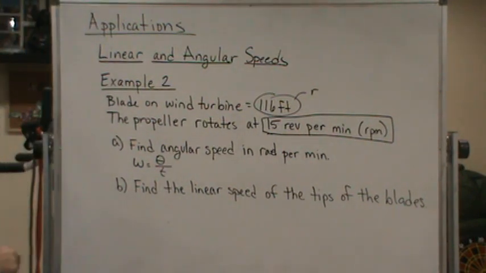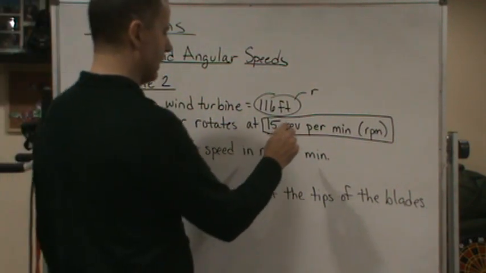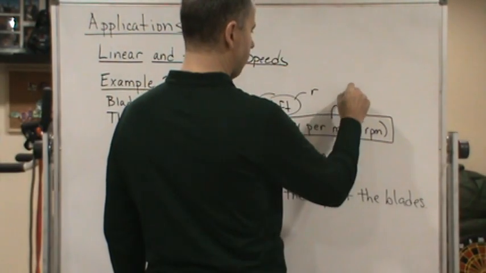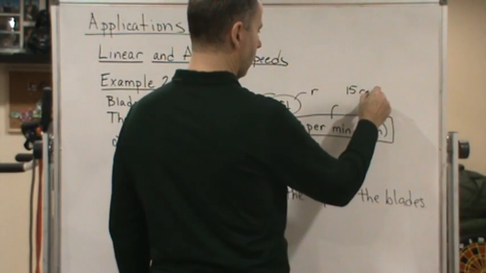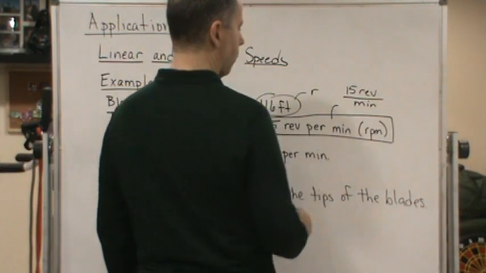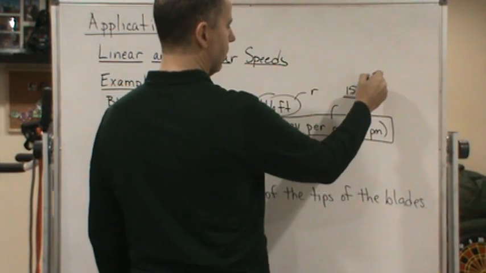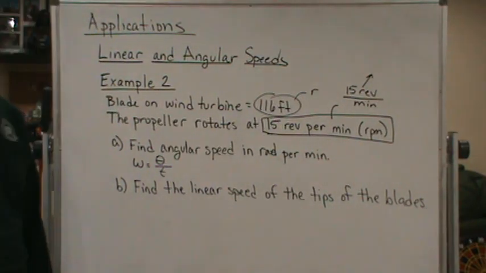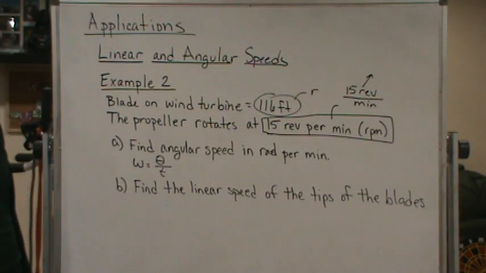Now, what does this tell us here? It's 15 revolutions per minute. So we just need to change this into an angle. One revolution is 2 pi.